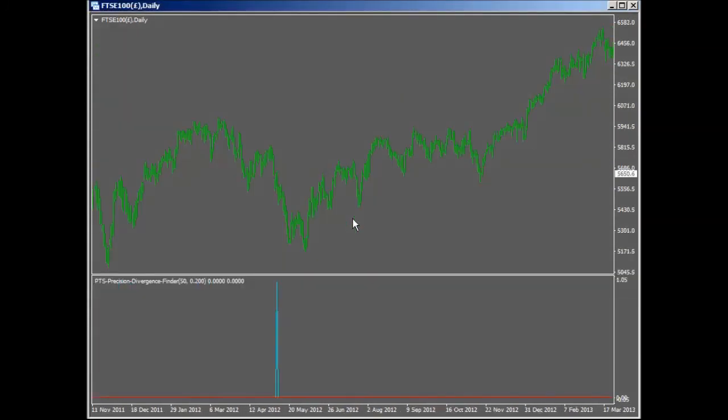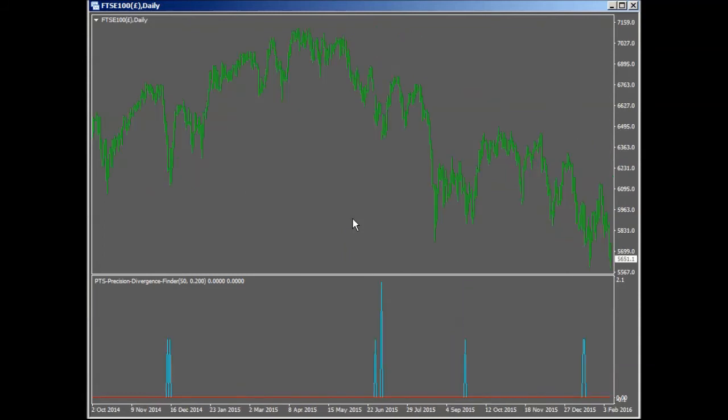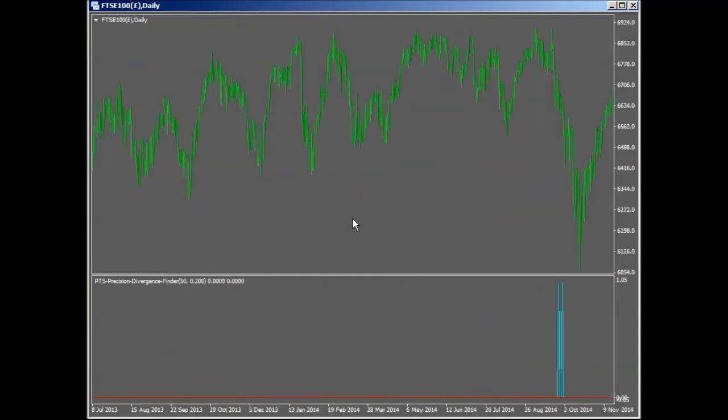That is one of the best indicators I've ever used for finding divergences, because it gives you another dimension when you're using volume instead of just price.